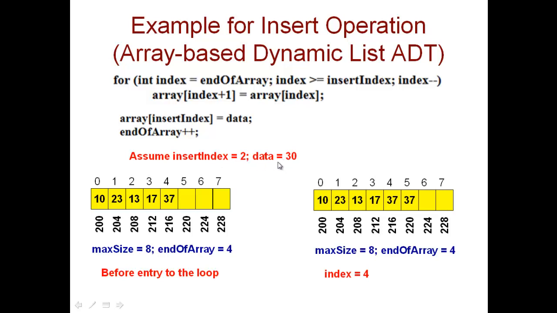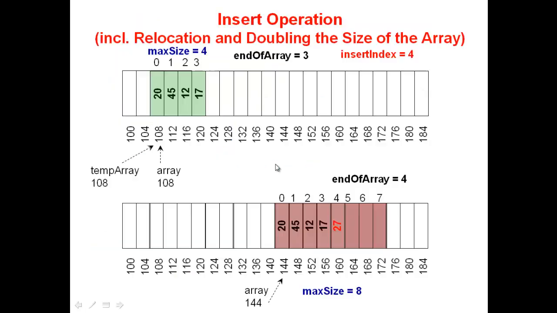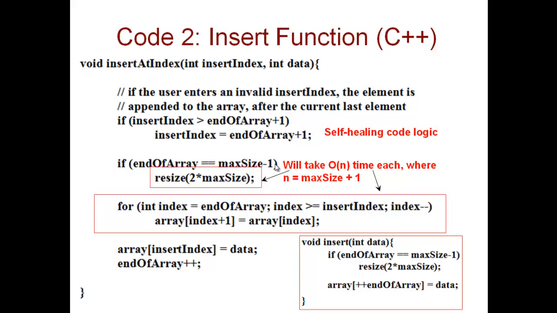30, right? So we are now looking at this for loop and the code below that, because the part above that is what we just saw: fixing the insert index if it is an invalid value, which will make the data to be inserted at the end of the array, and we saw the logic for that, and then resizing the array if the array is currently full.